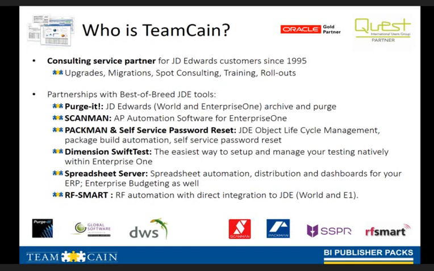Do distribution, automatically do dashboards, and there's also an enterprise budgeting component. And we have also been partnered with RF Smart for about 17 years now. If you're looking for RF automation with direct integration to JD Edwards, both World and Enterprise One, it does that.